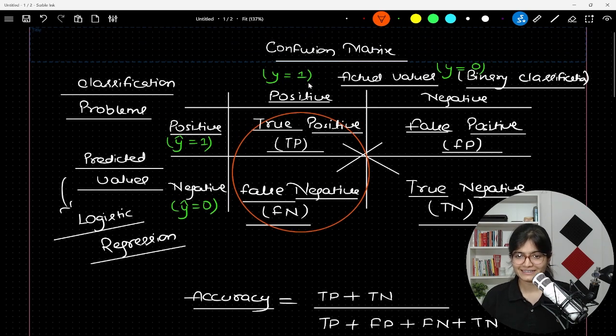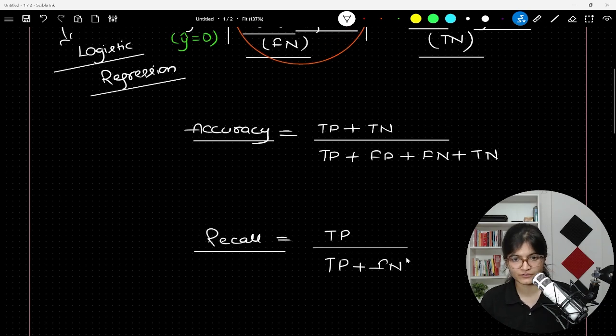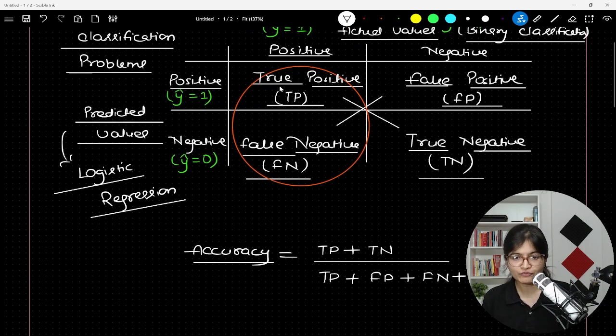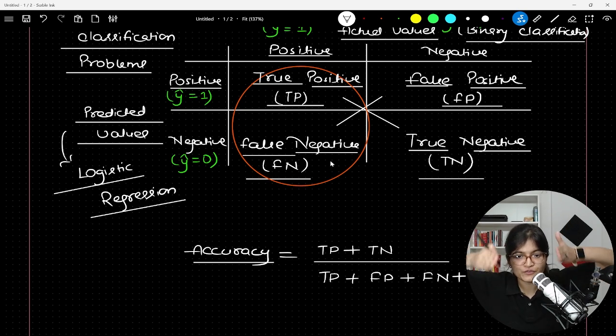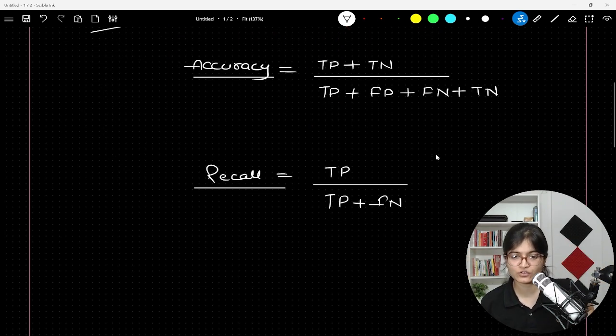If you can see, the first column of positive indicates actual positives. So recall says, out of total actual positives, which means true positive plus false negative, because this first column indicates total actual positives, how many are true positive? So this is the literal meaning. It will be TP divided by TP plus FN.